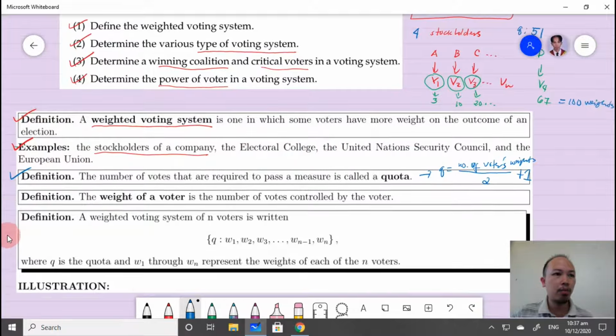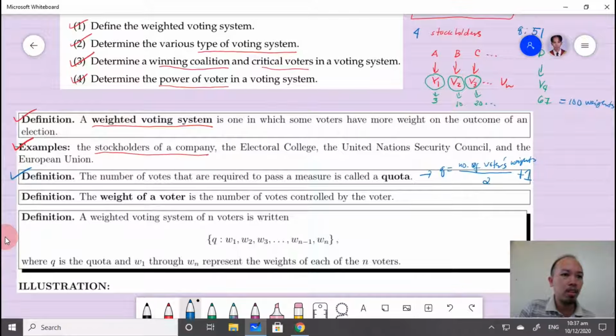For our fourth definition, the weight of a voter is the number of votes controlled by the voter. For example, voter V1 has a weight of 3, and it is controlled by V1.